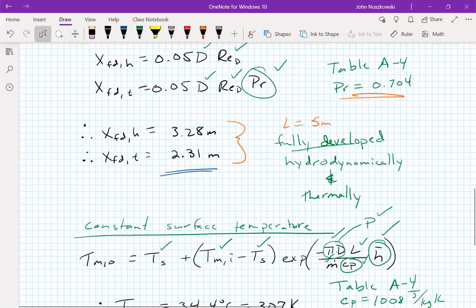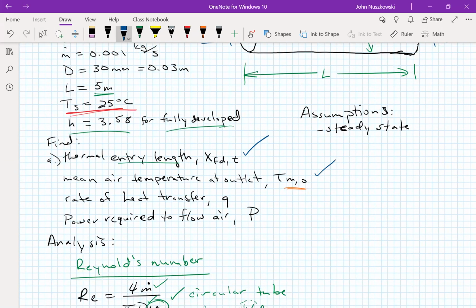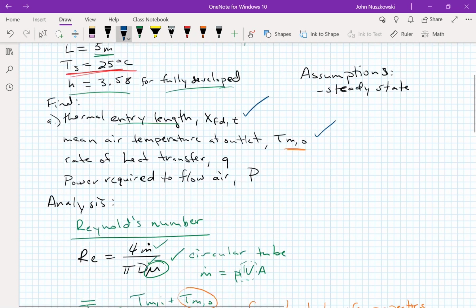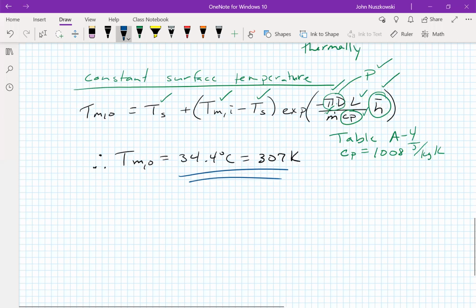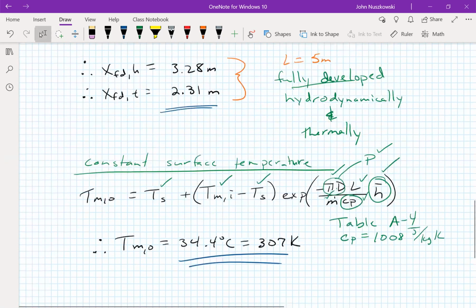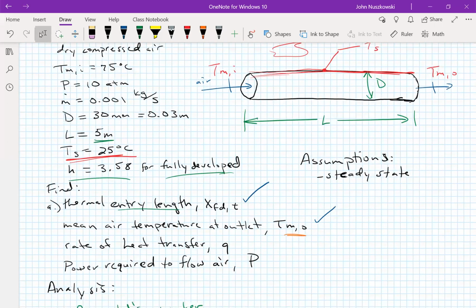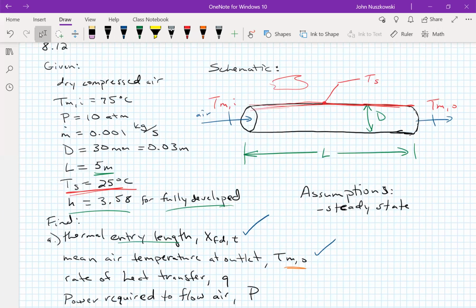All right, so that was this one. Now we need the rate of heat transfer, from the air to the tube wall. So how do we get that? If we're looking at our schematic here, that's the rate of heat transfer from the air to the tube.